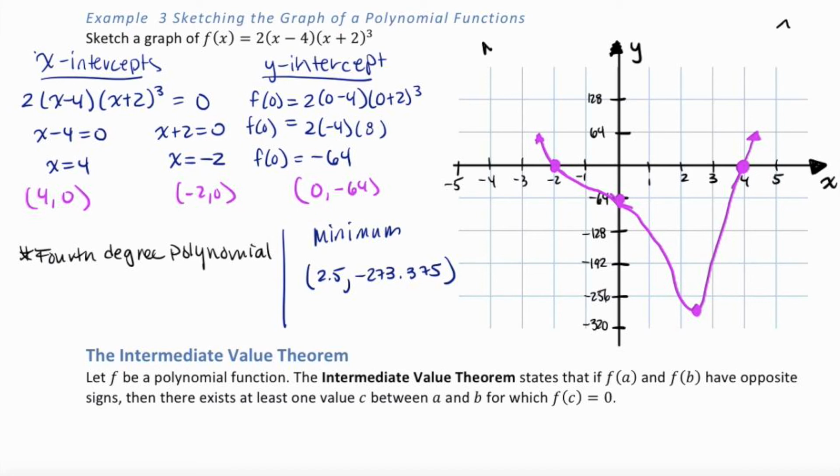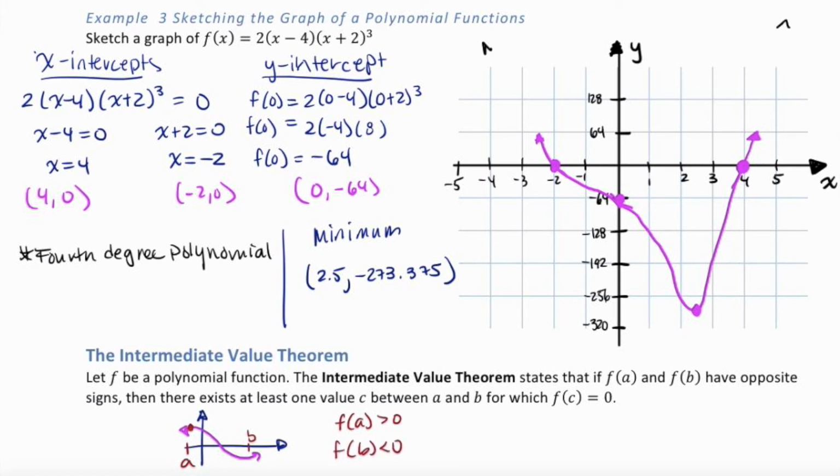So if we have some function here on our Cartesian plane, and it's a polynomial, and let's say my function looks like this. If a is here and b is here, notice that f of a is greater than 0 and f of b is less than 0.